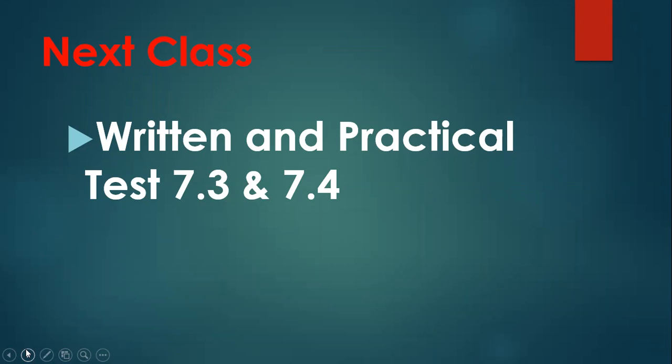Hopefully, what we have learned in today's class is all clear to you. Today's topic was about creating lists, and under creating lists, we have learned about unordered list, ordered list, and description list or definition list.